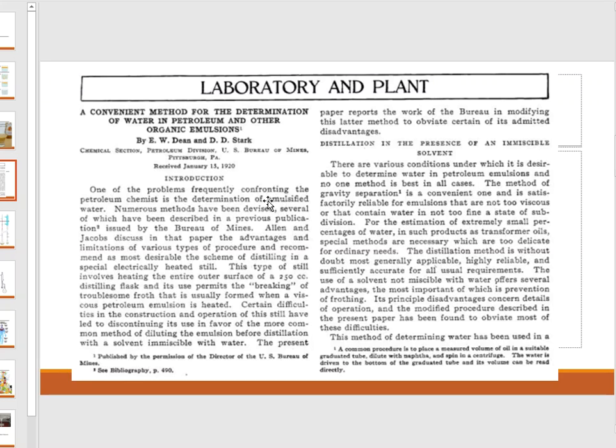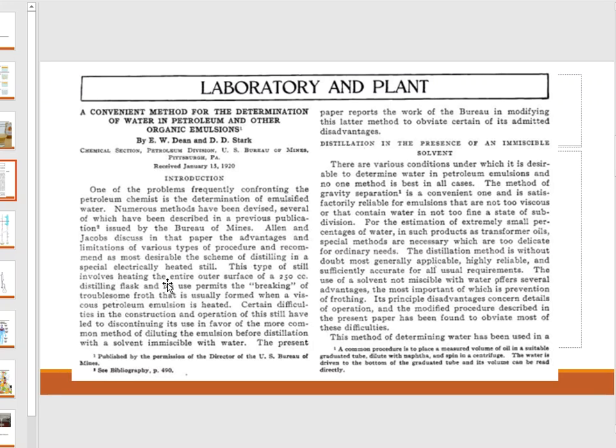And it says, one of the problems frequently confronting the petroleum chemist is the determination of emulsified water. Numerous methods have been devised, several of which have been described in a previous publication issued by the Bureau of Mines.